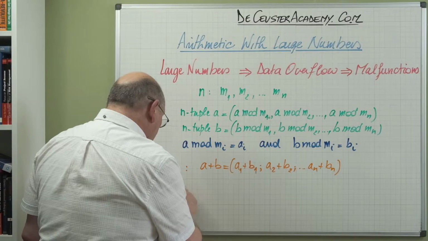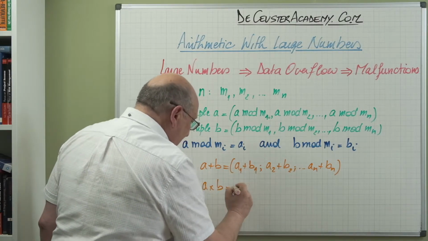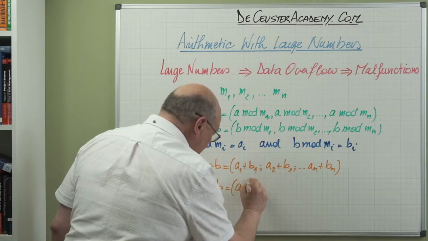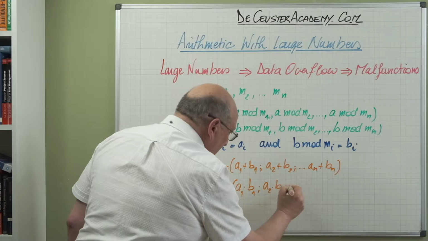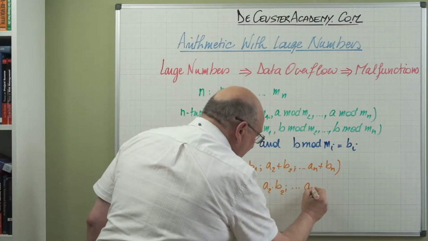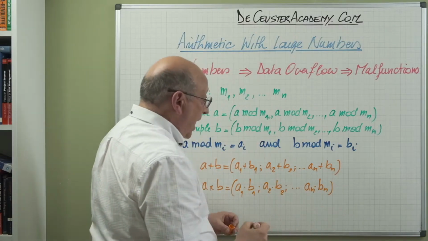We do the same for the multiplication. A times b is a1 times b1, a2 times b2, and so on, an times bn.